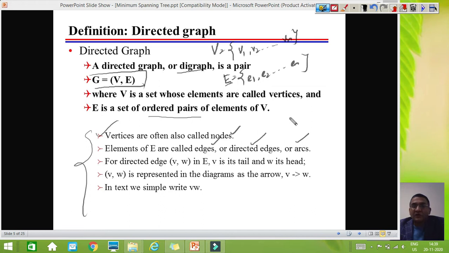So if you write an edge like this, VW, that means V is the tail and W is the head. In text we simply write VW, but actually it means that it starts from V and goes to W.